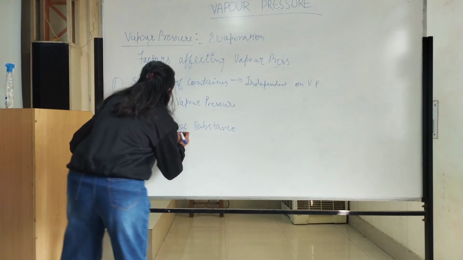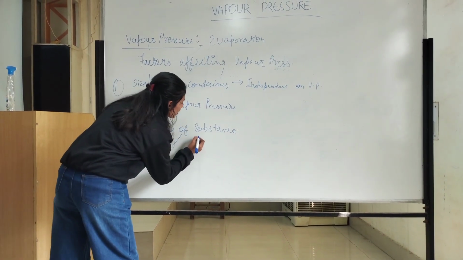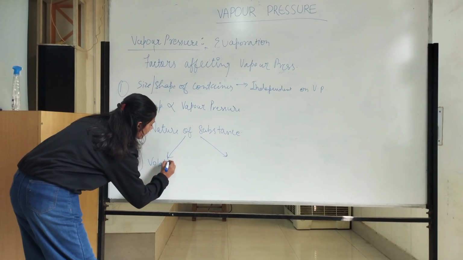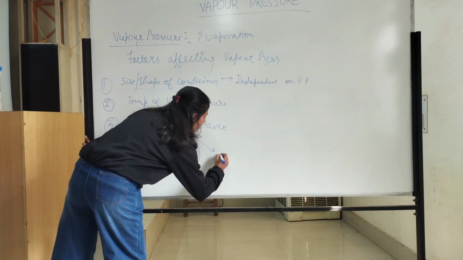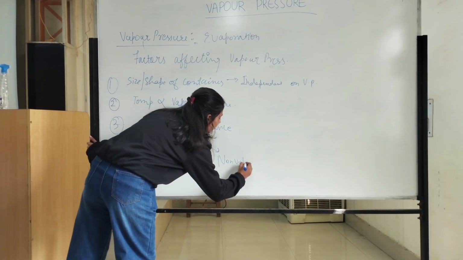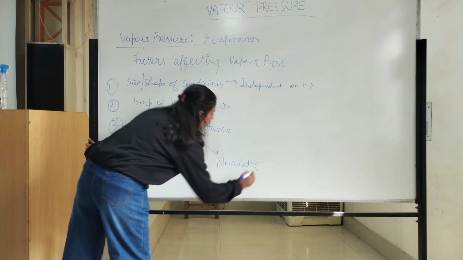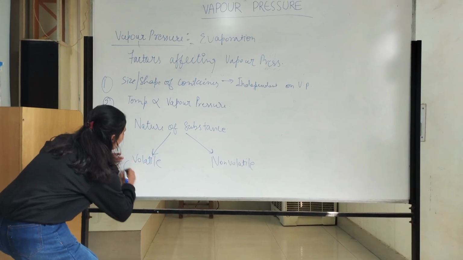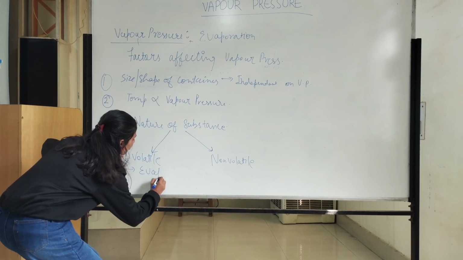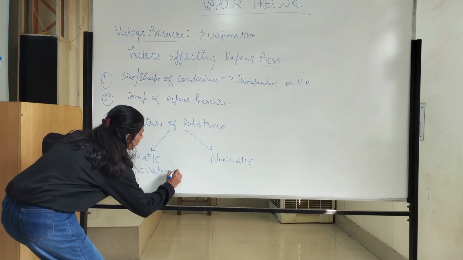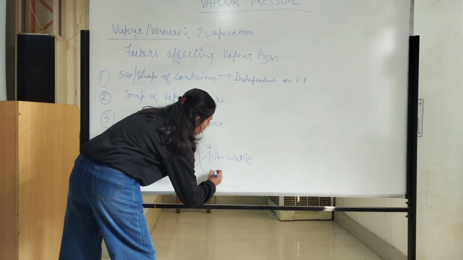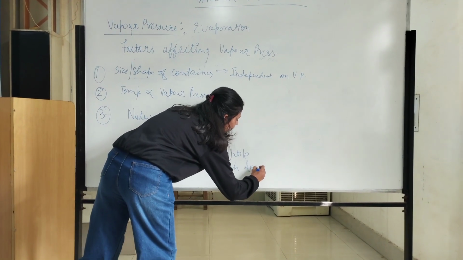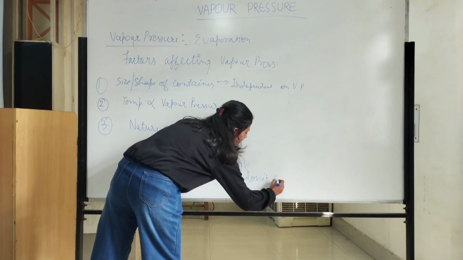So we can categorize the substance into two categories: volatile liquid and non-volatile liquid. Volatile liquids are those which have high tendency to evaporate, so they can evaporate easily. While non-volatile are those which do not have tendency to evaporate or have very little tendency to evaporate.